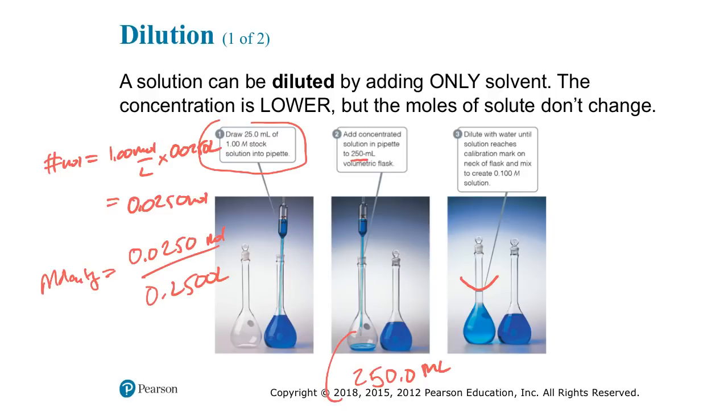So if I take 0.025 and divide by 0.25 liters, that works out to be 0.100 molar, or moles per liter. So I've taken a 1.0 molar stock solution and then decreased that concentration by diluting that solution with pure water.